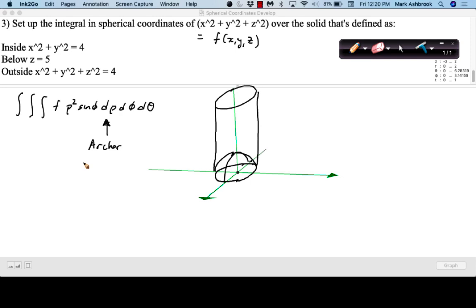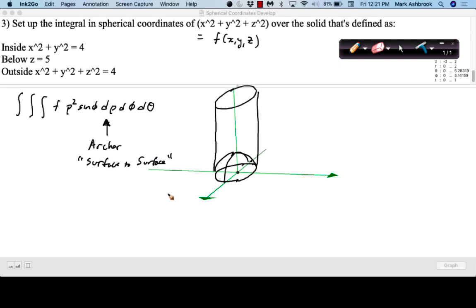At what surface does the arrow pierce into the solid, and then where does the arrow leave the solid? So we still want to think surface to surface, but now it's firing from the origin out. Okay, so where does the arrow pierce into the solid when the archer fires from the origin?